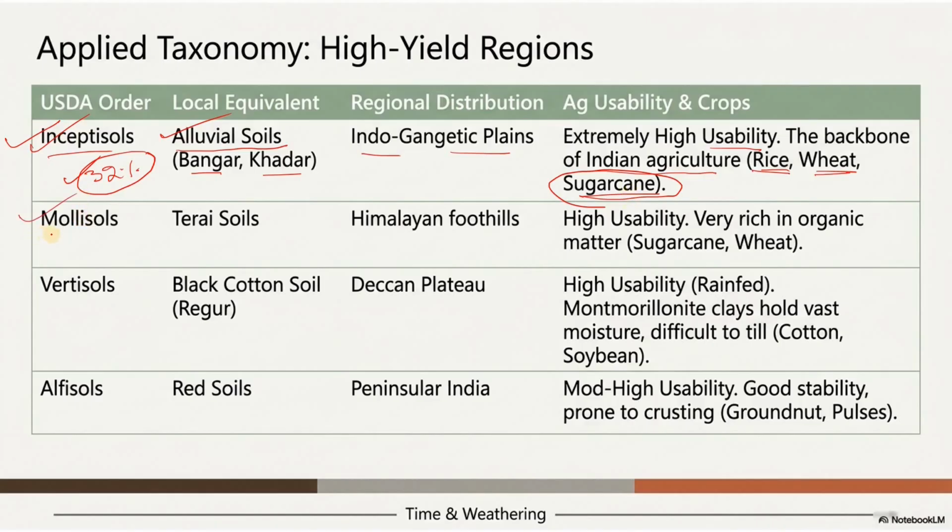Then comes the mollisols. Molly is a Greek term which means soft. Mollisols are normally found in the grasslands. And which kind of grassland? Those grasslands which are semi-arid and semi-humid.